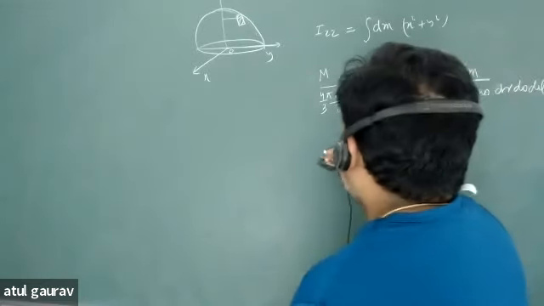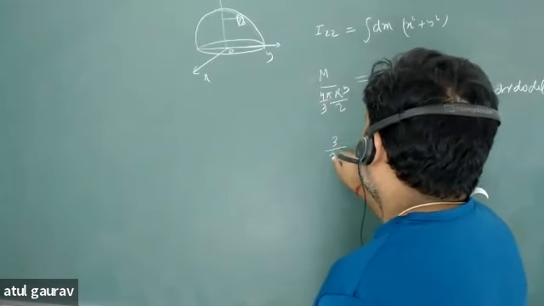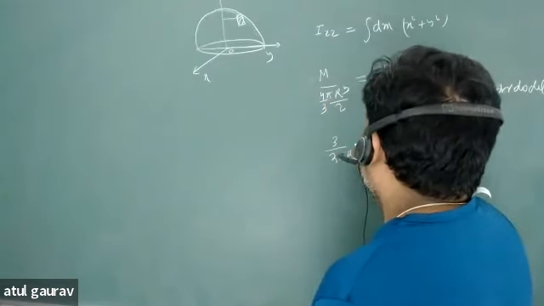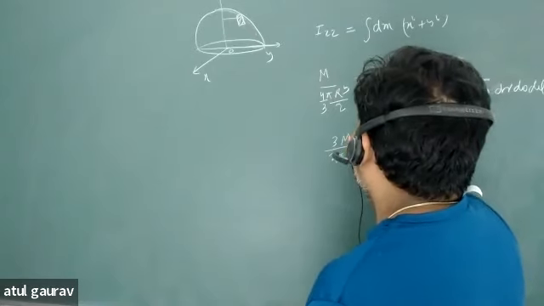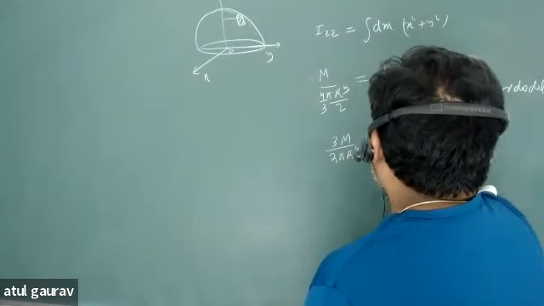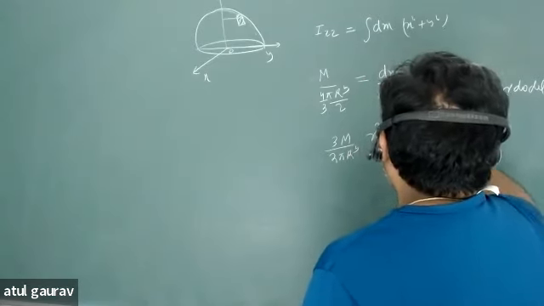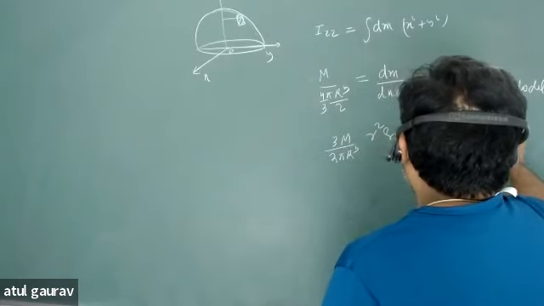So what is this particular thing? So 6/4, that is 3/2, 2 pi r cube, 3m into r square sin theta dr d theta d phi is equal to dm.